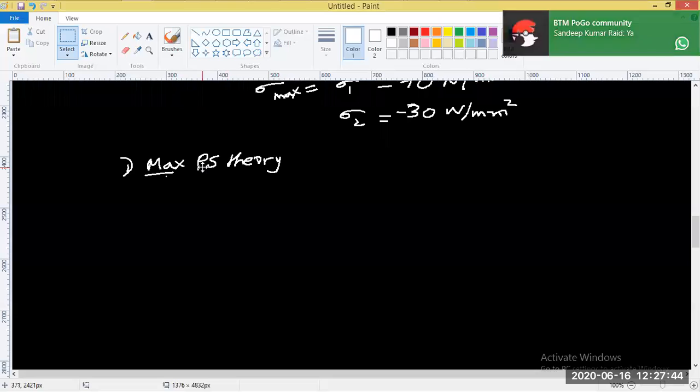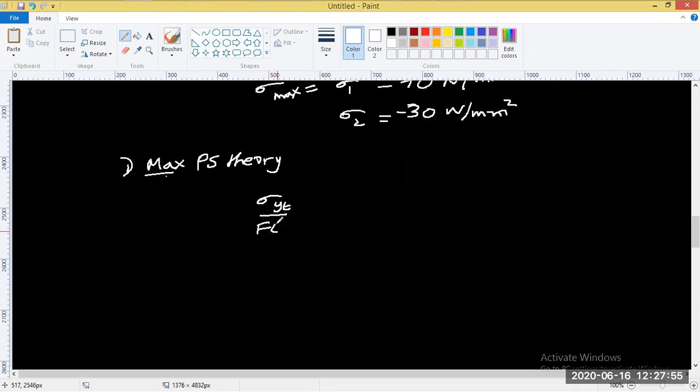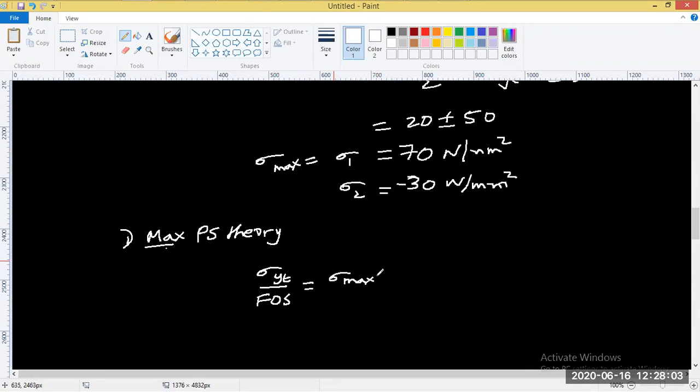The maximum principal stress theory. According to maximum principal stress theory, it is sigma yt, that is yield tensile stress, over factor of safety, is equal to whichever the maximum stress is, sigma max. So in this case, it is sigma 1, right? So let's substitute that.